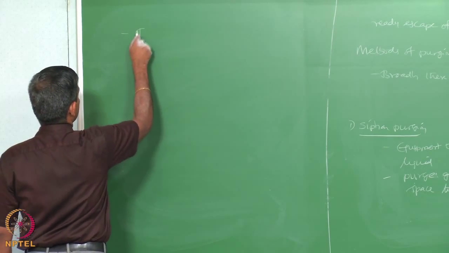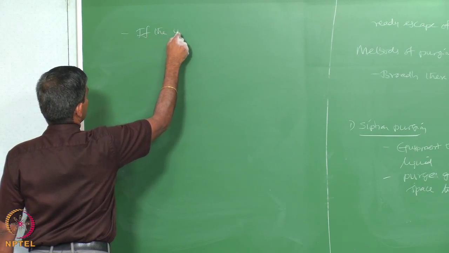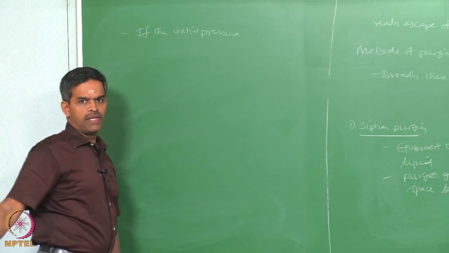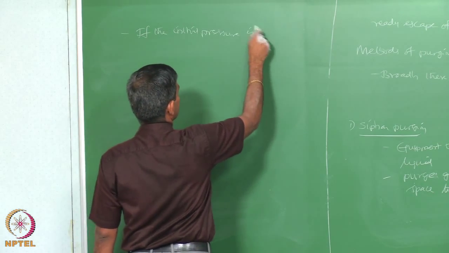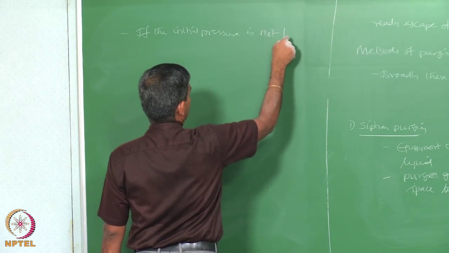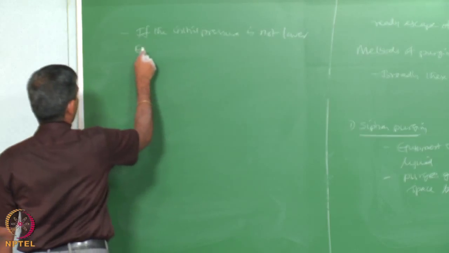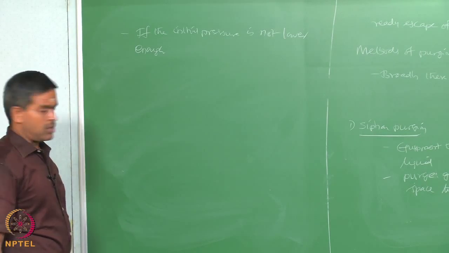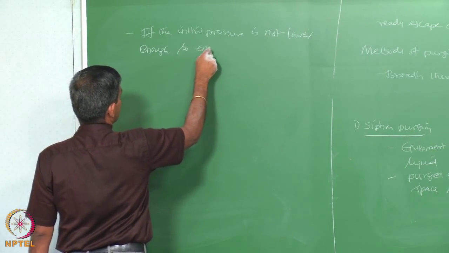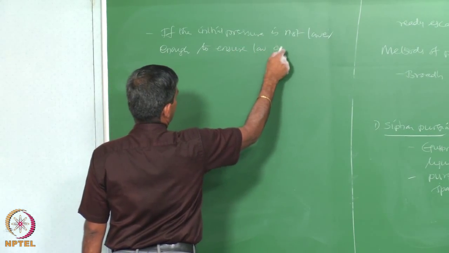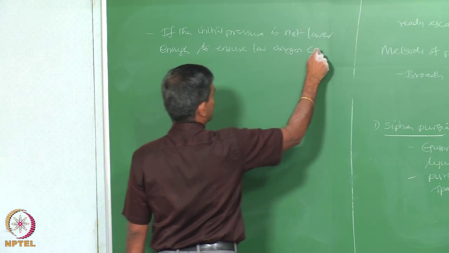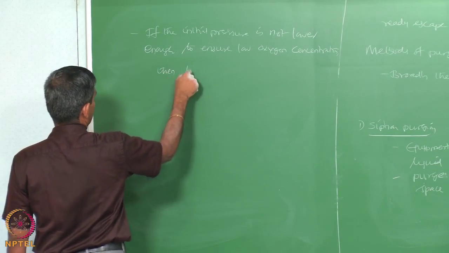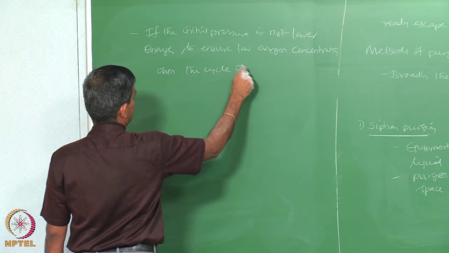So, if the initial pressure is not low enough to ensure desired low oxygen concentration, then the cycle is repeated.